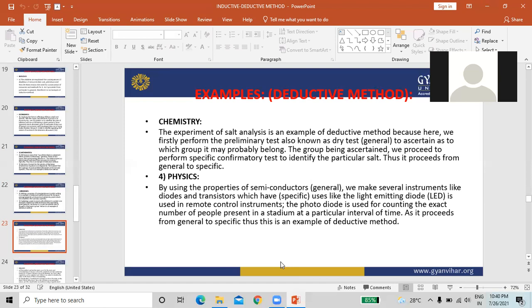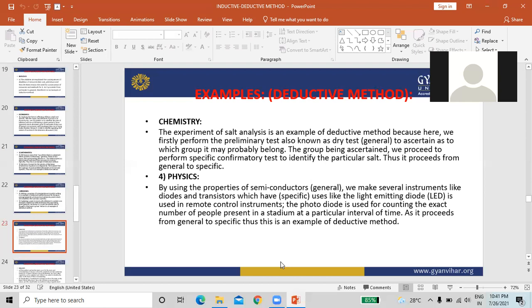Physics example of deductive method: by using the property of a semiconductor, we make several instruments like diodes and transistors.